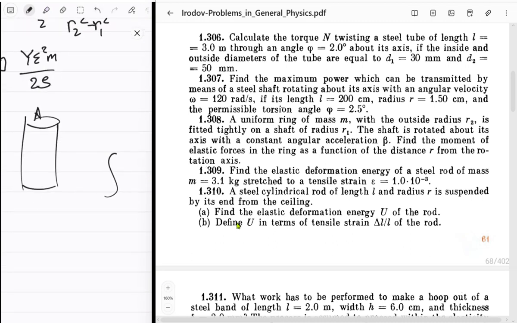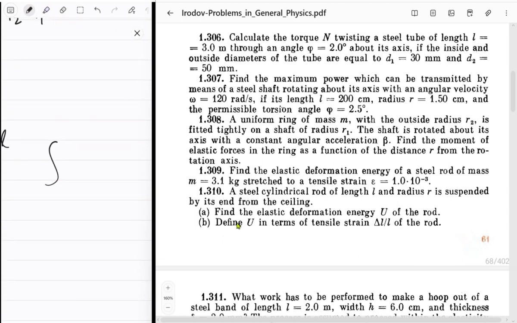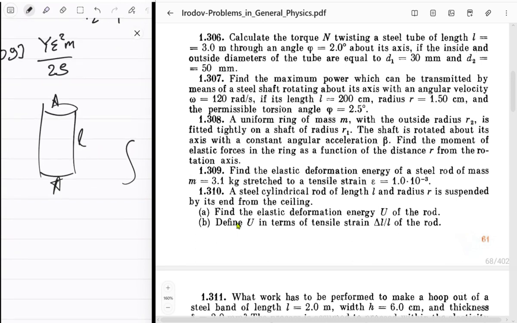Say it's like area A and this length is L. We're putting F from this side, F from that side, but in the end it stretched by delta L. Let us say delta L upon 2 this side, and delta L upon 2 that side. So in the end, no matter how you distribute it, it's only F times dL. That's the energy that we put into this thing.